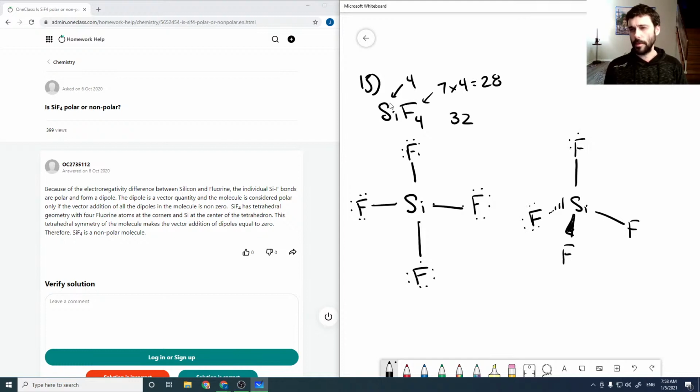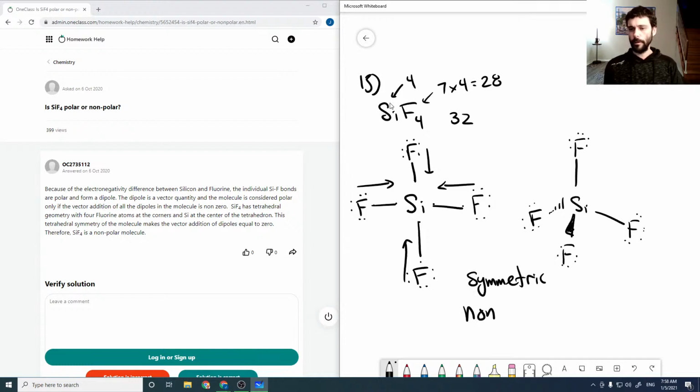This is a symmetric molecule, meaning all the dipoles would cancel. Even though there is a dipole from fluorine to the silicon, they would all perfectly cancel. And so it's non-polar.